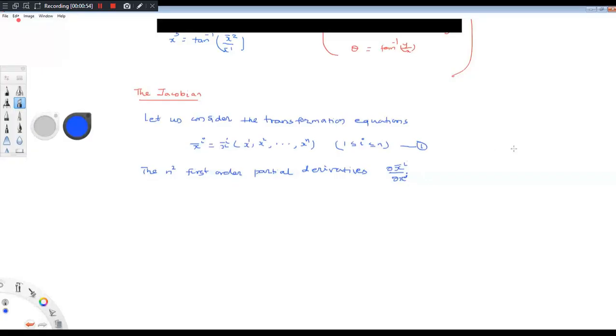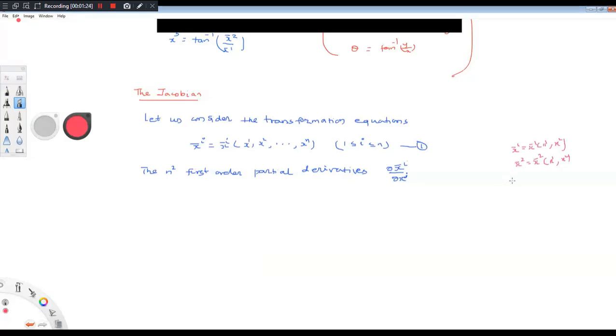See, for example, suppose you have two equations. X bar 1 equals x bar 1 of x1, x2, and x bar 2 equals x bar 2 of x1, x2. So here there will be two square, four partial derivatives.